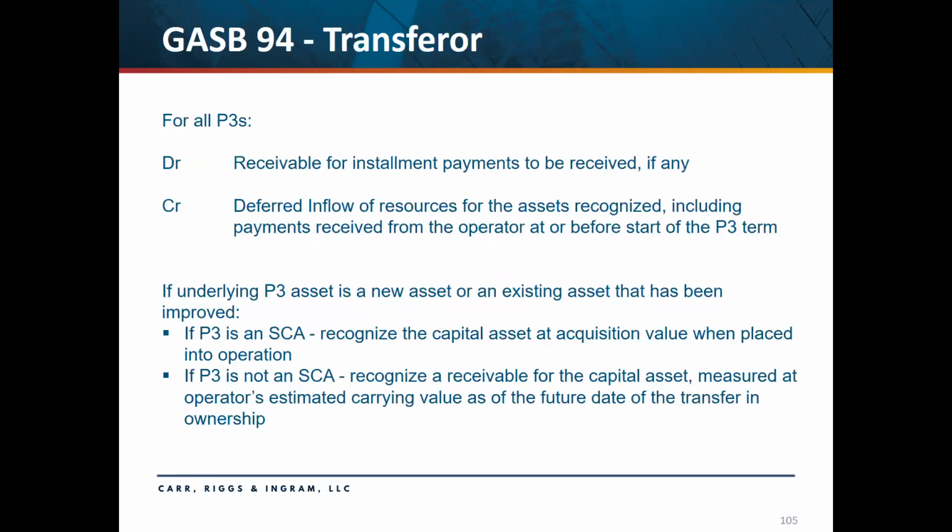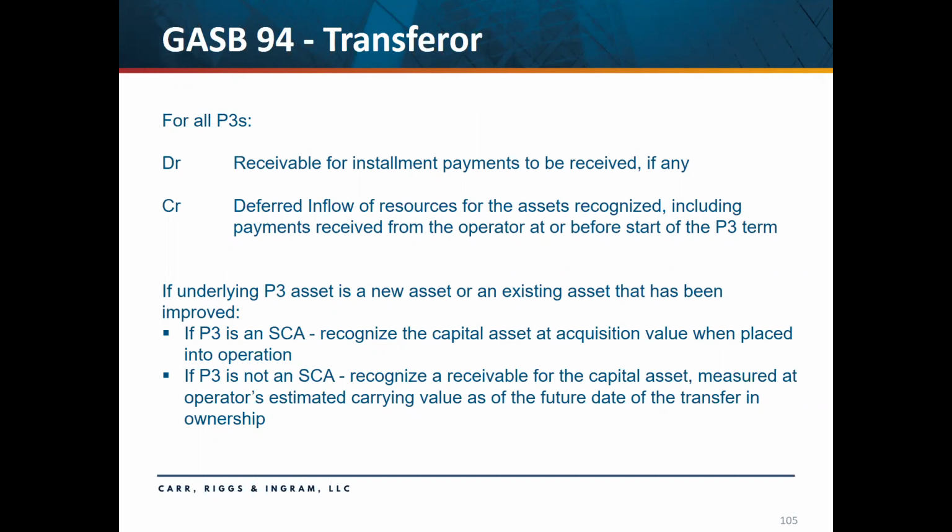So for all P3s, the receivable for installment payments to be received would be debited, and what would be credited is a deferred inflow of resources for the assets recognized, including payments received from the operator at or before the start of the P3 term. If the underlying P3 asset is a new asset or an existing asset that has been improved, if the P3 is an SCA, recognize the capital asset at acquisition value when placed into operation.